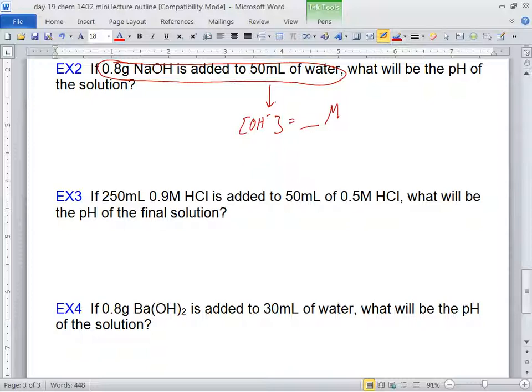Just like if we said you have 0.2 molar HCl, everybody knows, oh yeah, H plus is 0.2 molar. Because it's a strong acid, strong base. Those are the only ones we're messing with. So get the moles divided by the liters, you get the hydroxide, and then it's just like a regular homework question, right?